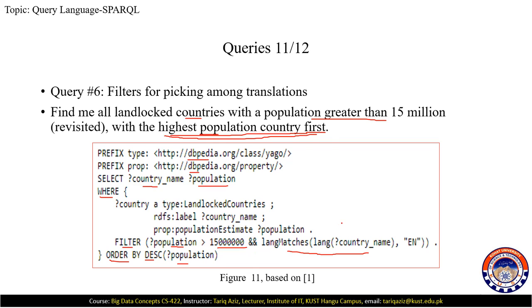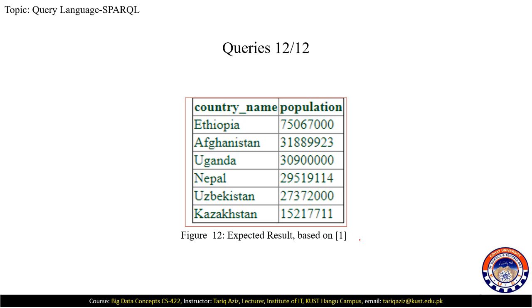Now, dear students, if you look at the expected result, we have Ethiopia, Afghanistan, Uganda, Nepal, Uzbekistan, and Kyrgyzstan, and these are the populations of those countries. Ethiopia has the highest population, that's why it comes first, then Afghanistan second, and so on.